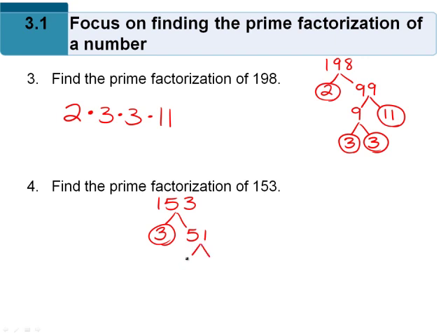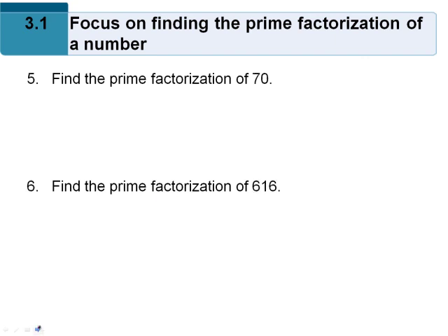So 3 will go into this. 3 goes into 51. I think it's 17 times. Yep. So 3 is prime, so I circle it. 17 is also prime. So now we're done because all of our branches end in a prime number. So the prime factorization is 3 times 3 times 17. All right, let's see what's next.